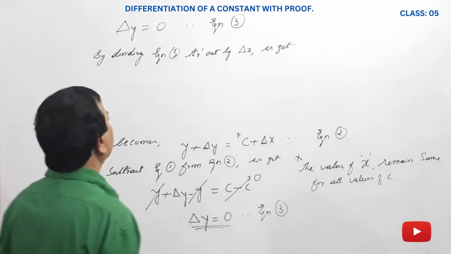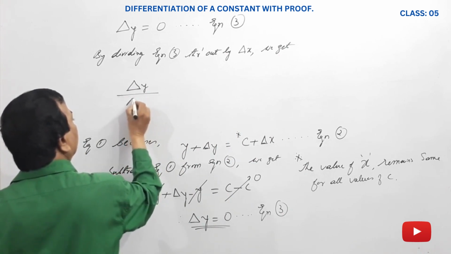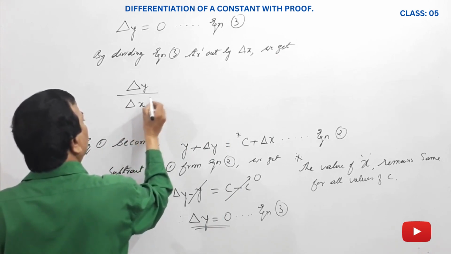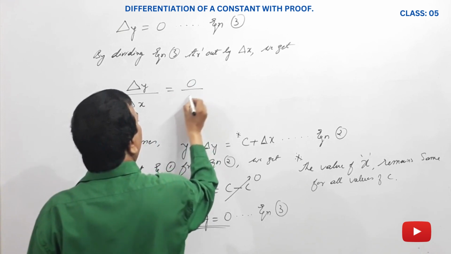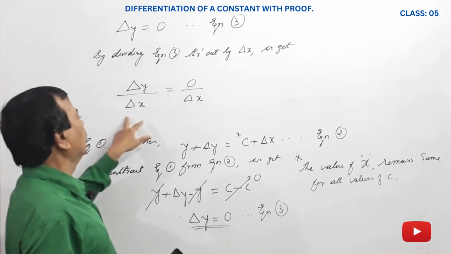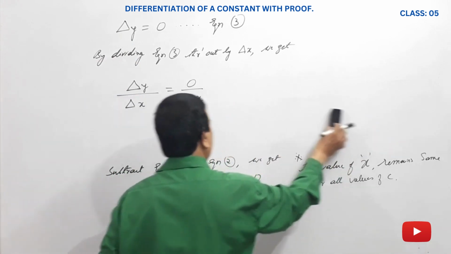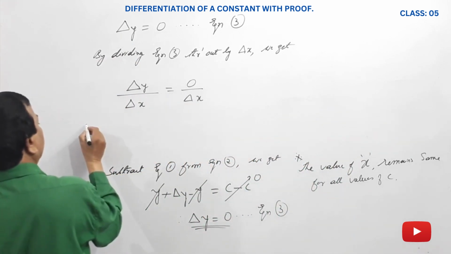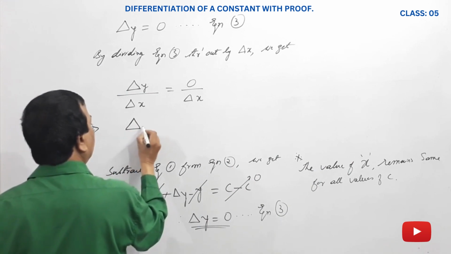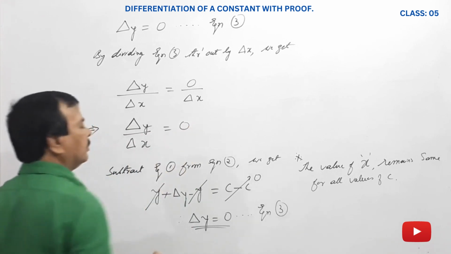We get delta y by delta x equals 0 by delta x, that is, delta y by delta x equals 0. I call this equation 4.